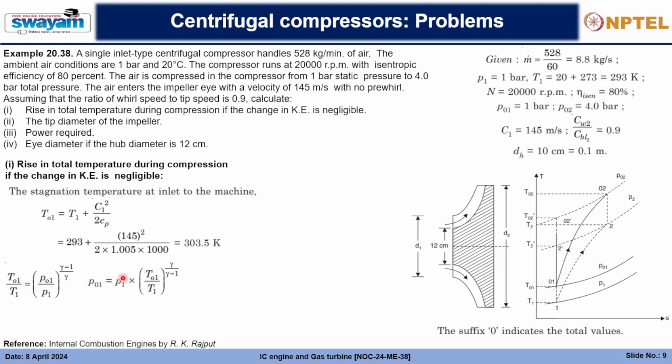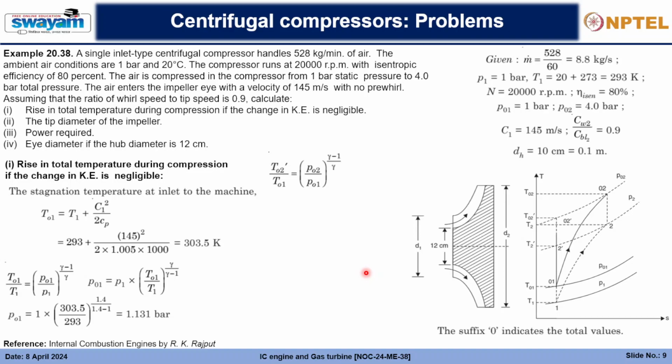So for that, we calculate P01, that will be P1 into T01 by T1 to the power gamma by gamma minus 1. P1 we are given as 1 bar static. Here we put in the values, we will get P01 to be 1.131 bar. So this is not 1 bar, that is P1 equals 1 bar.